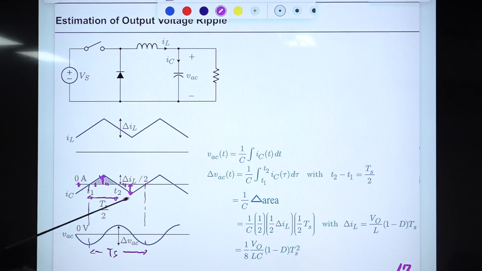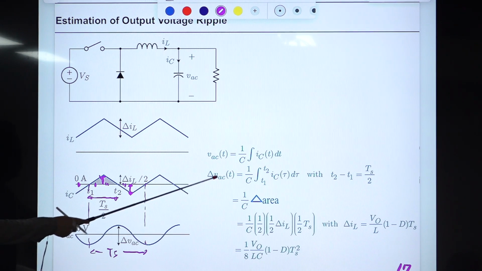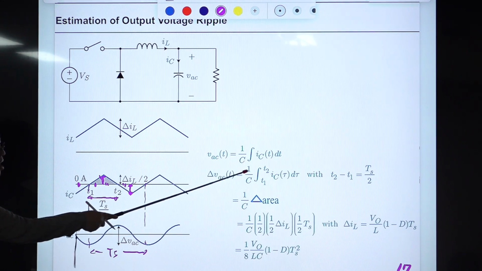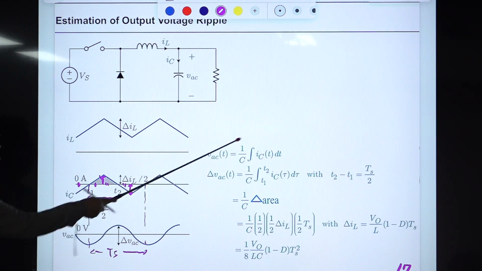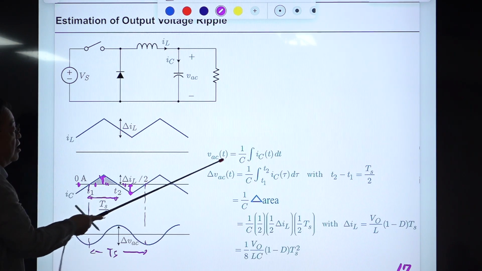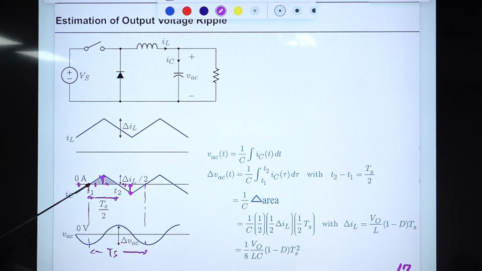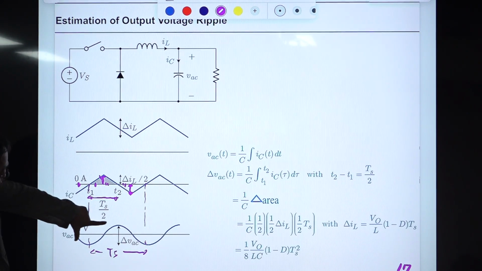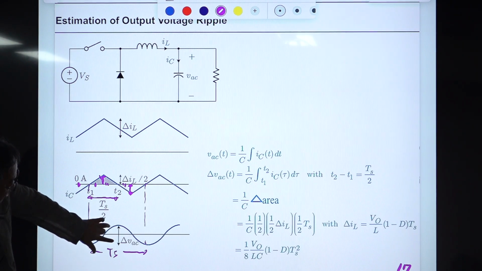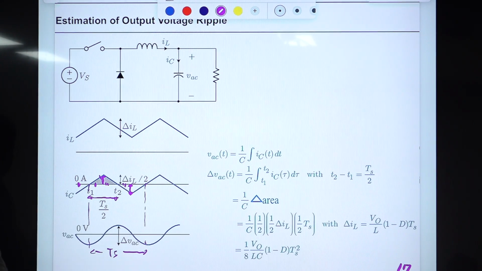Okay, then we evaluate this. Okay, because this 1/C is coming here. And this is an indefinite integration, and this is a definite integration. We integrate only from T1 to T2. During that period of time, this ripple voltage will be increased by this amount. Okay, so this is integration.